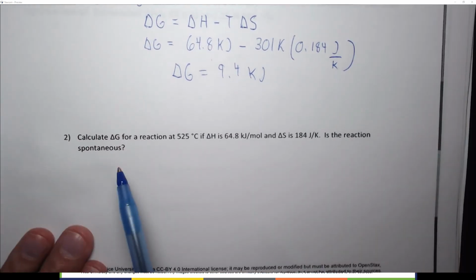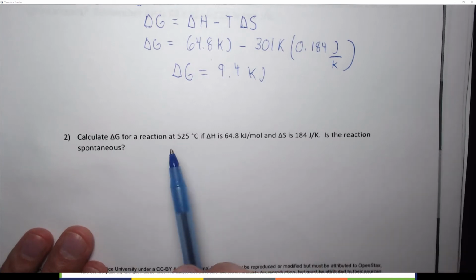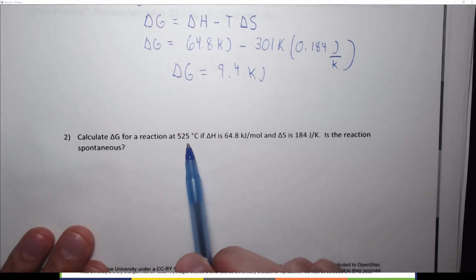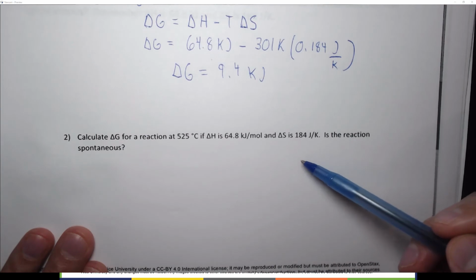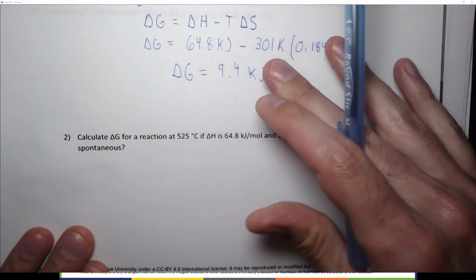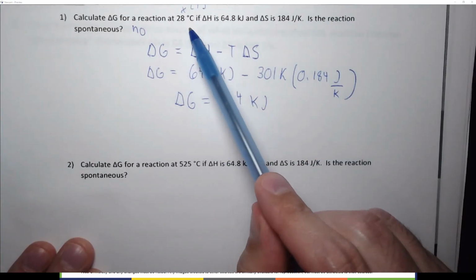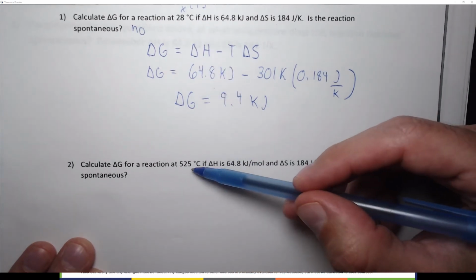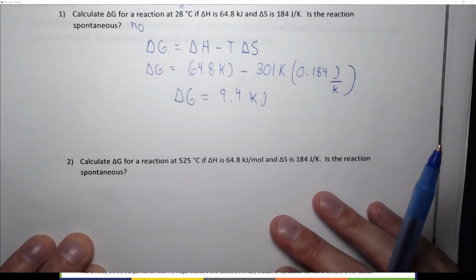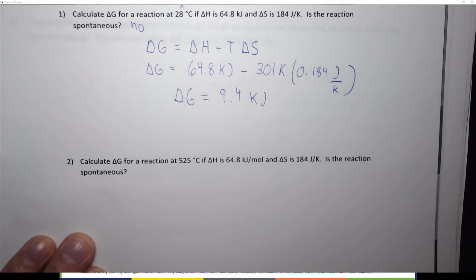Now we're asked, calculate delta G for a reaction at 525 C if delta H is the same and delta S is the same. So essentially what we did is we found that 28 degrees C is not a high enough temperature to make this reaction spontaneous. Now the question becomes, is 525 C enough for this reaction to become spontaneous?